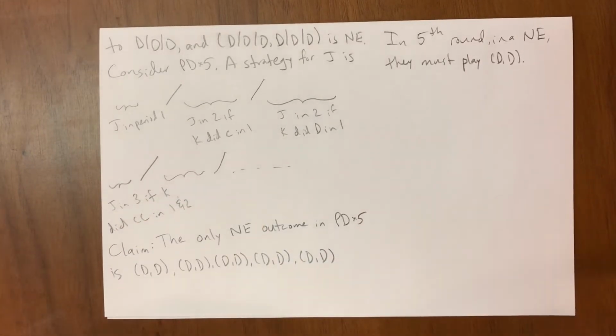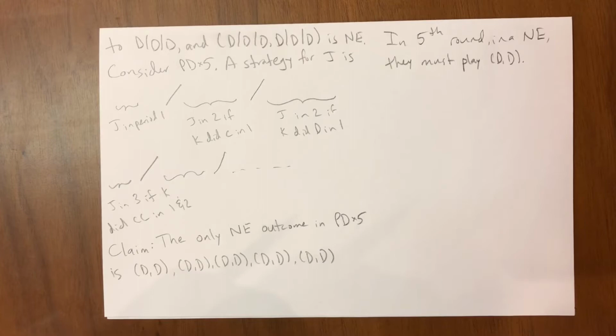If you think about some combination of strategies where I told you, hey, this is Nash, and in the last round the players play CC, you would say, oh, that can't be Nash, because either player could have gotten a higher payoff just by doing the exact same thing they were doing and then playing D in the last period. So our conclusion is, in the 5th round, they must be playing DD in a Nash equilibrium.